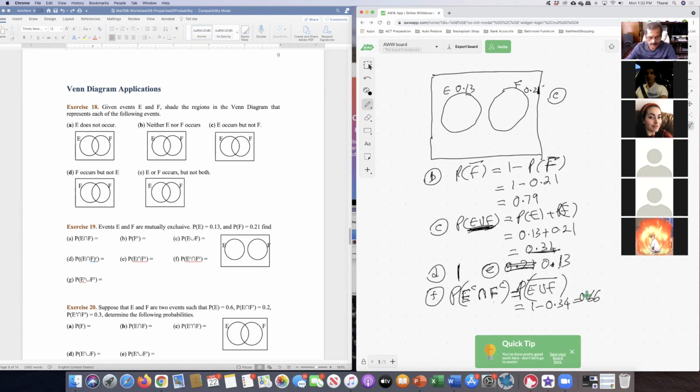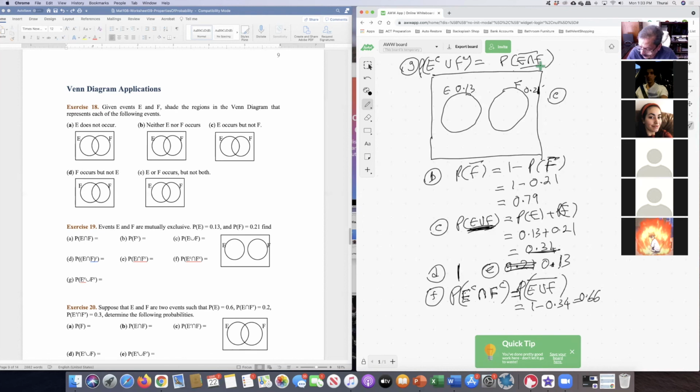Last question. How do we find it? It's the same as probability of E intersection F complement, and it will be 1. Right. Very good. So probability of E complement union F complement by applying De Morgan's law is equal to probability of E intersection F complement.